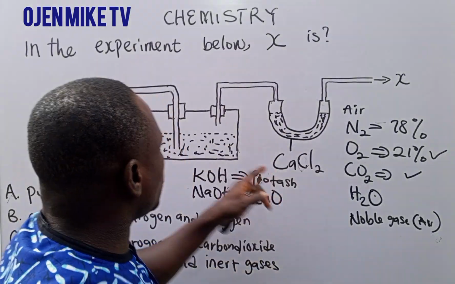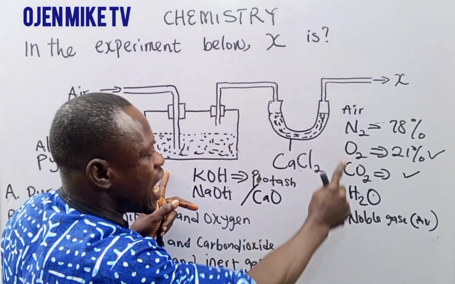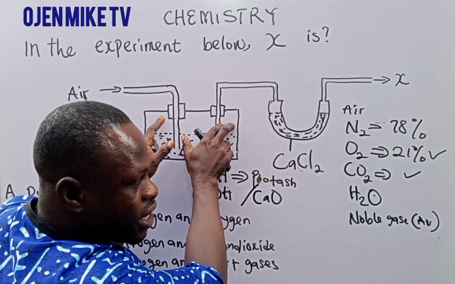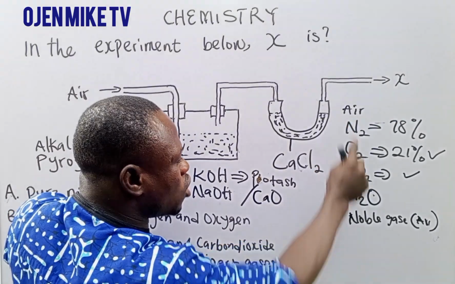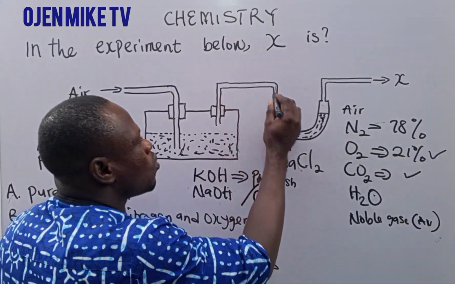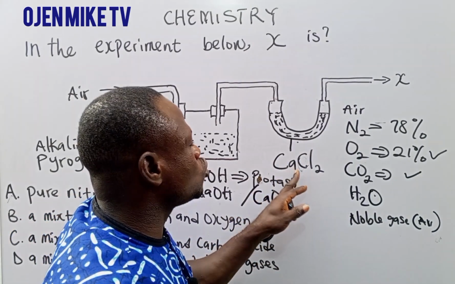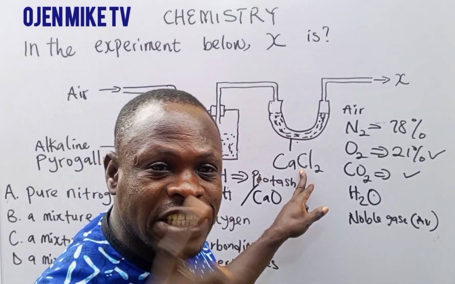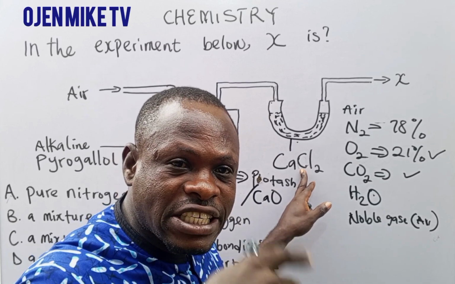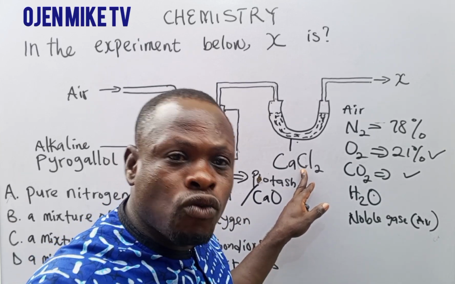Now remember oxygen and carbon dioxide are trapped here. What is now left is these three. Now the air will begin to go, and when you get to this place, we have calcium chloride. Calcium chloride is a desiccant. A desiccant is a drying agent, a substance that you can use to remove water.